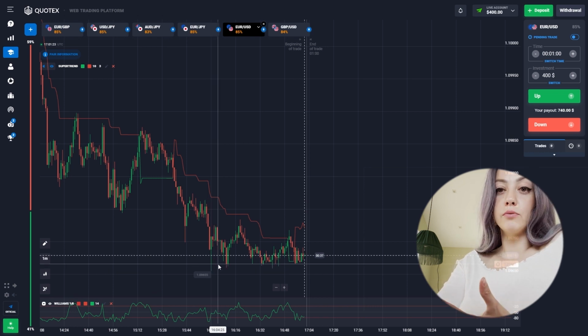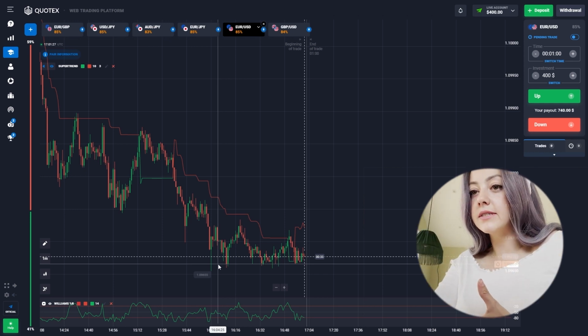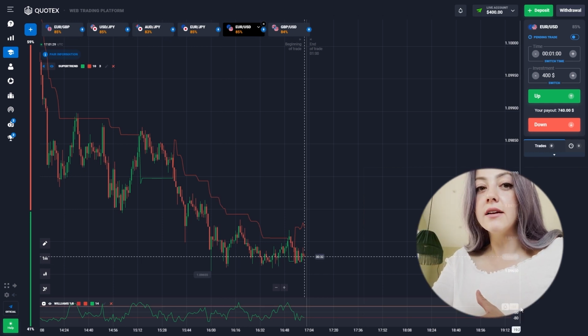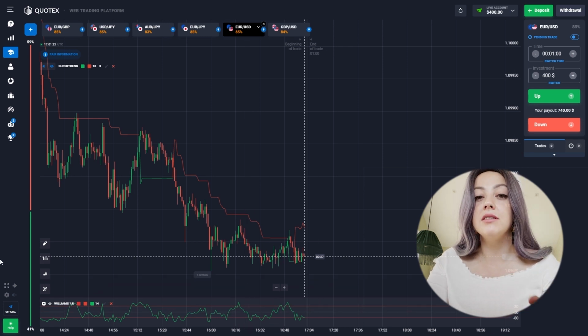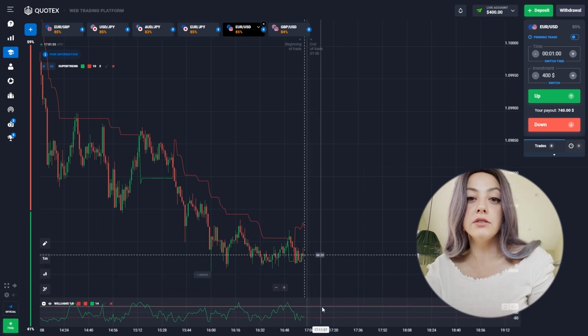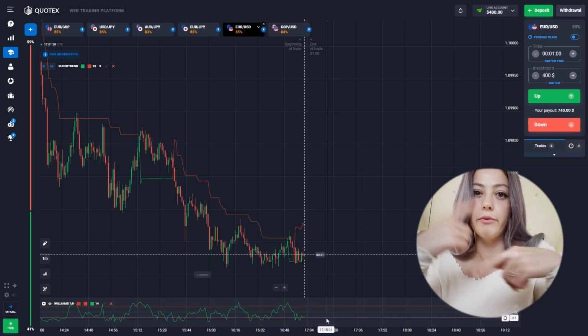So how does it work in a nutshell? There is the period minus 20 and minus 80, and there is something between these lines. The upper line is the oversell zone, and the bottom is overbuy, vice versa.